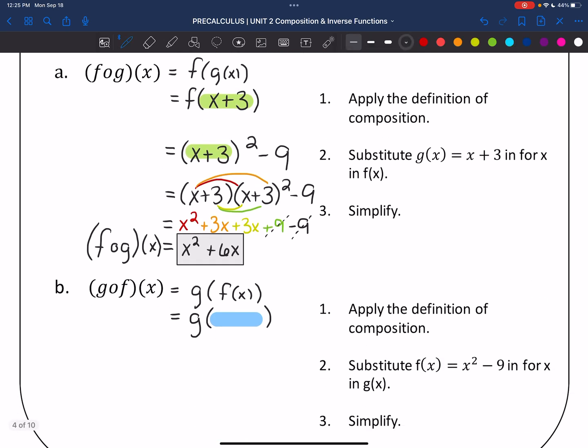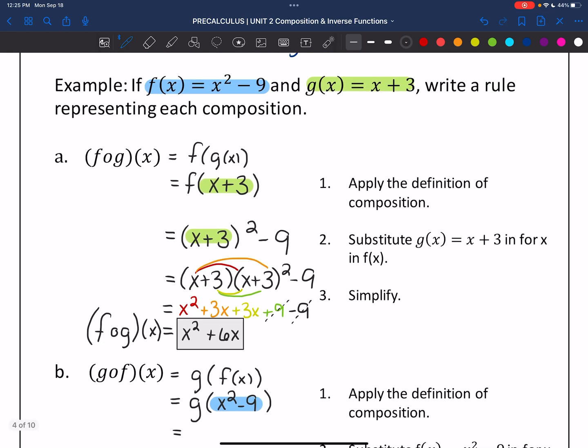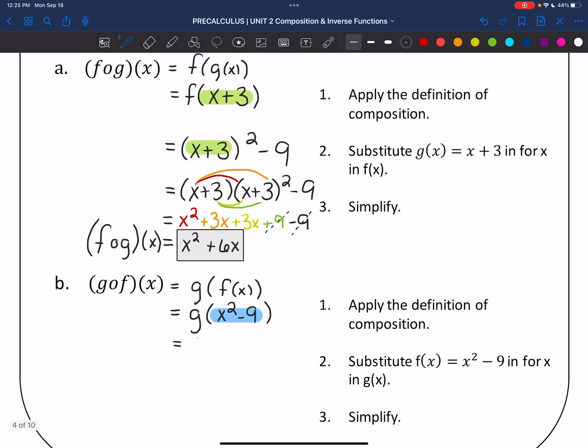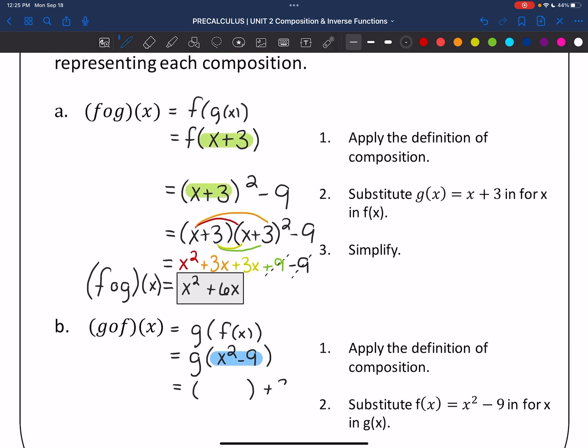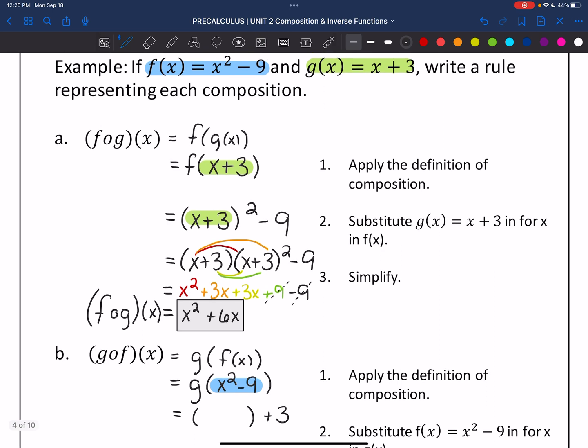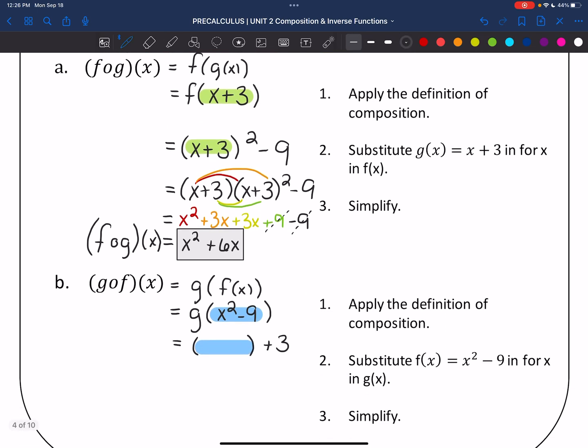We're going to substitute in x squared minus 9 into that g function. Our g function was the quantity, that input, and then plus 3. But instead of x, I'm going to plug in this blue rule, the rule for our f function. So that's x squared minus 9.